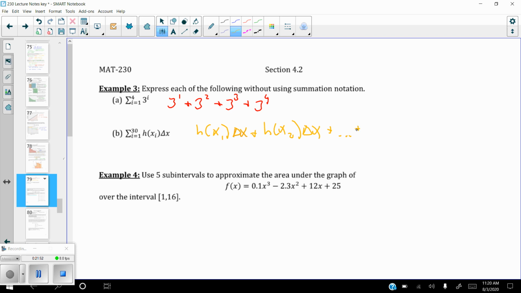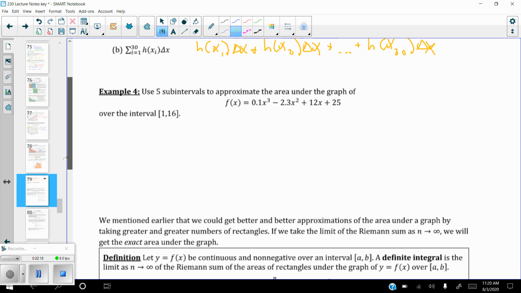And then we put a plus here, and then we're just going to put the last one, h of x sub 30 delta x. That dot dot dot basically means you're going to hold that pattern and continue adding all the h of x sub whatever delta x's all the way up till you get to 30. Just a shorthand notation of doing that.